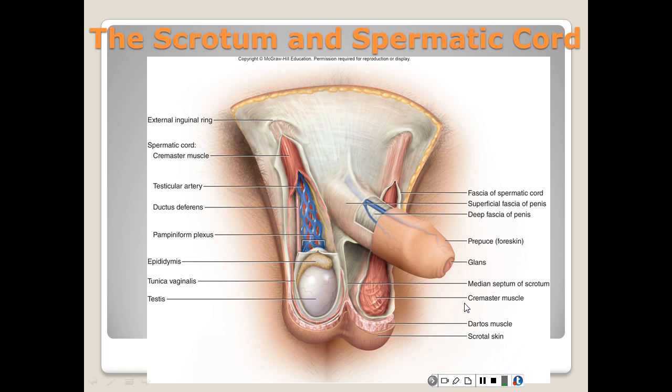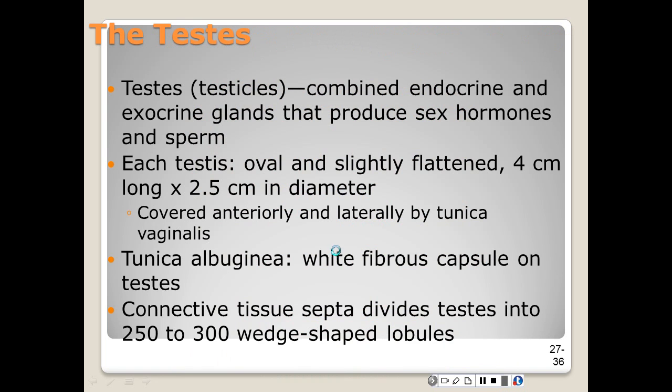We have the cremaster, which moves the testes upward and downward if it's cold or warm, respectively. And then we have this plexus. It helps cool the warm arterial blood. So those are the three mechanisms. Make sure you pay attention to those three mechanisms.